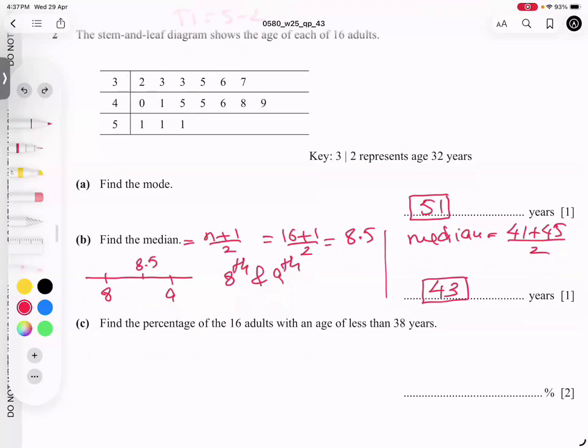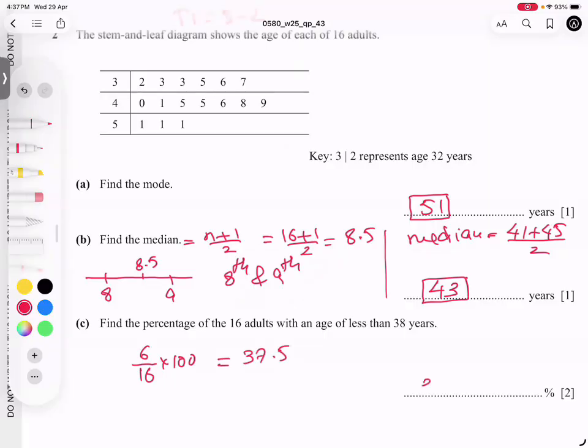So 1, 2, 3, 4, 5, 6 people. So 6 adults out of 16. What I'm looking for is a percentage. The technique is value divided by total value, multiplied by 100. If we check it on the calculator, we are getting 37.5%.